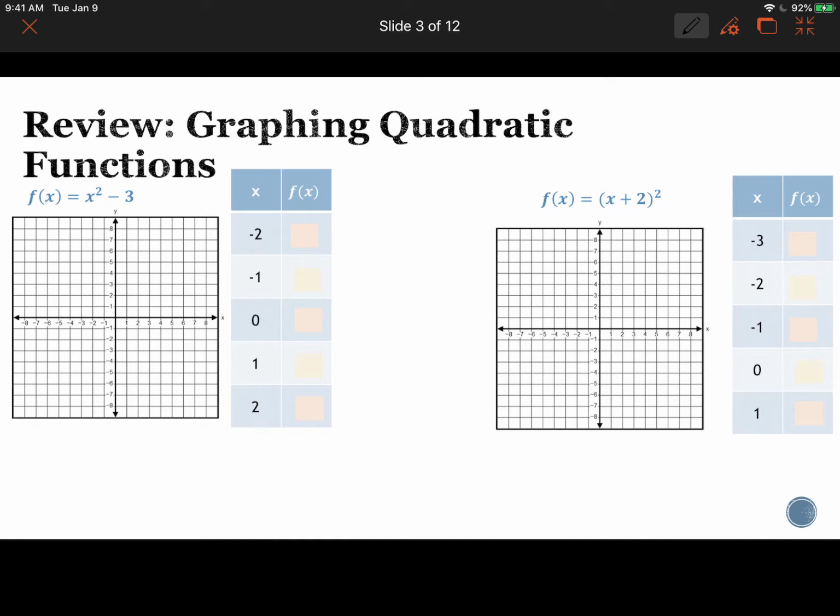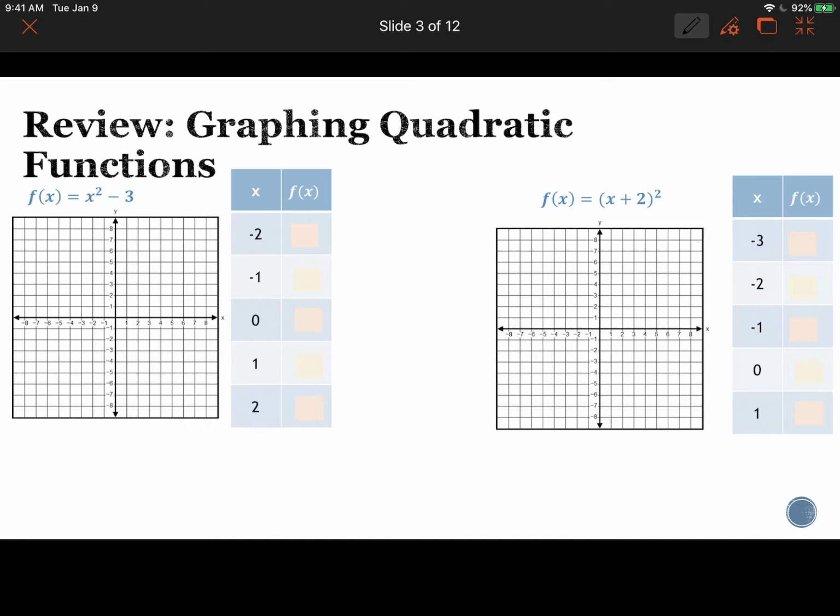So my first point will be at -2, 1. The second point, doing the same exact thing, will get me -2. 0, -3. When I substitute 1, I get -2, 2, and 1.